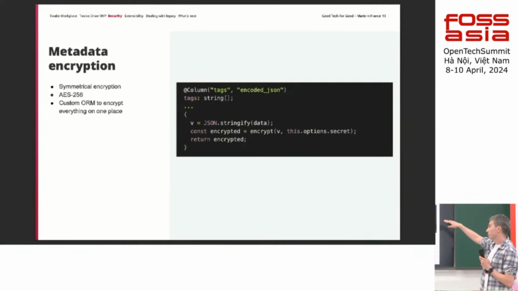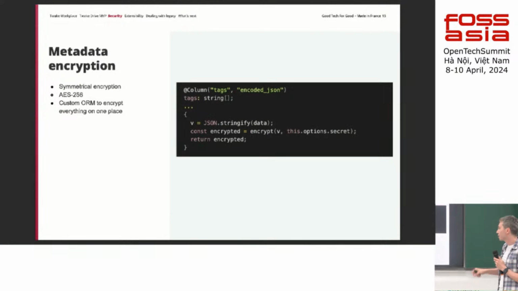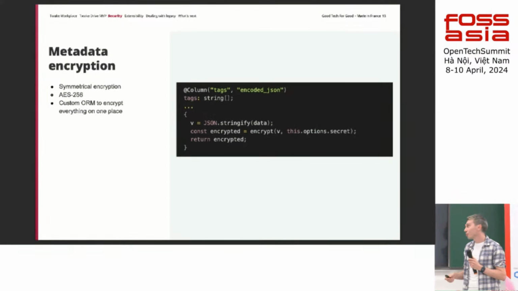You have custom decorators where you just say, okay, encode this field into encrypted JSON, and you have these 3 lines of code that will just encrypt and decrypt everything. It was very easy to implement with this custom ORM, but it has several drawbacks. I will speak about it later. Because also, okay, we have a custom ORM, then we will generate all the database queries with this ORM. Why not?